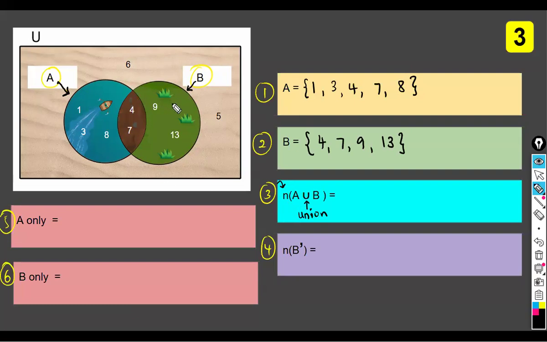So in other words, they just want us to count up how much we have in the water, the mud, and the green, because the water, the mud, and the green is everything. If you combine A and B, you're getting the water, the mud, and the grass. And they want us to count it up. So let's count it up now. 1, 2, 3, 4, 5, 6, 7.